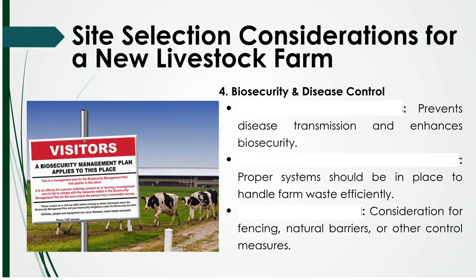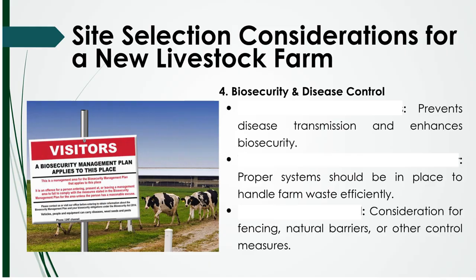How do you want to manage the solid waste, liquid waste, chemical waste, and also the bio waste like carcasses? Those are the things we want to handle, or build a proper system for, in our farm. This kind of waste we will discuss in detail on week 13.